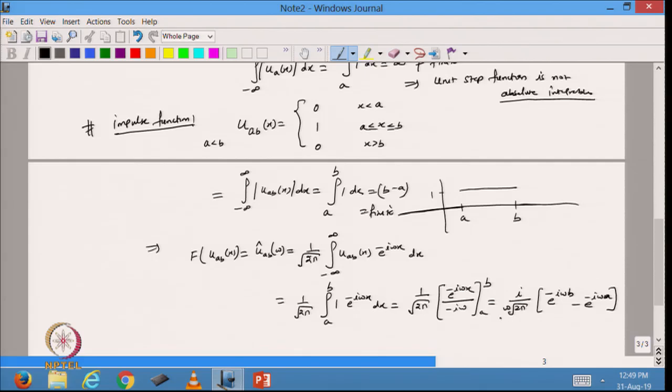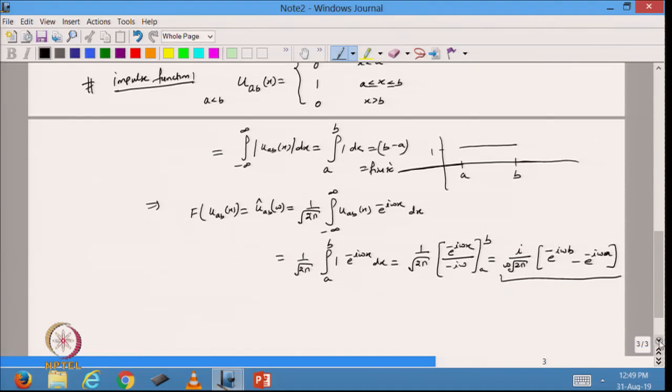That will be my Fourier transform for the impulse function defined from a to b. So, yes, I am able to find the Fourier transform for the impulse function.